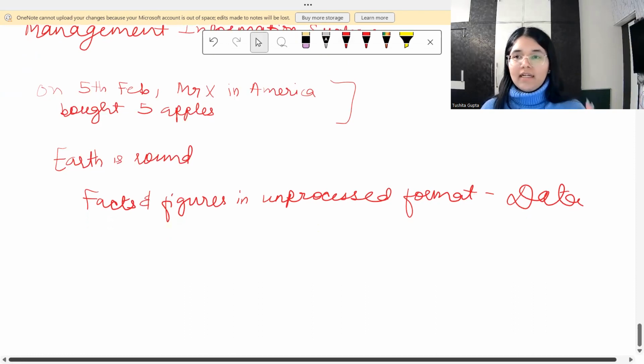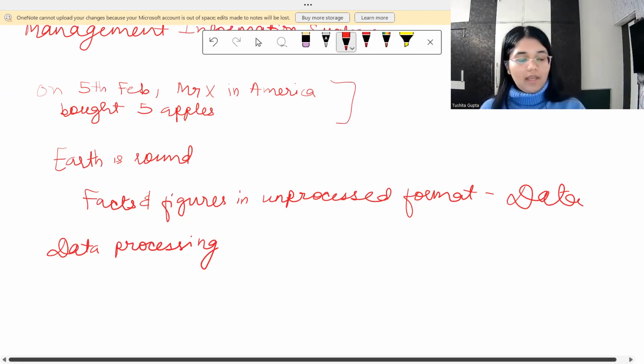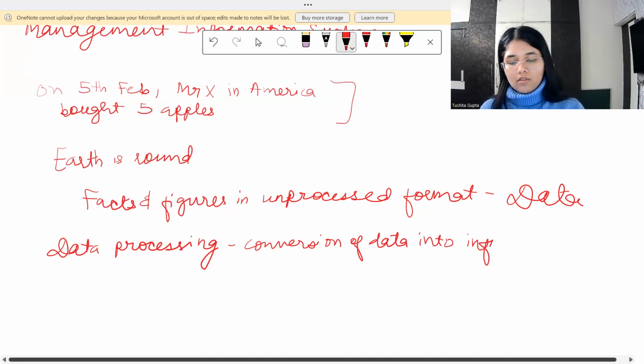And how does this data become information? It is the process of data processing. It is the process in which you process data and convert that into information. So data processing is basically conversion of data into information. In this process, you are processing your data to make it into a meaningful thing for the user also.